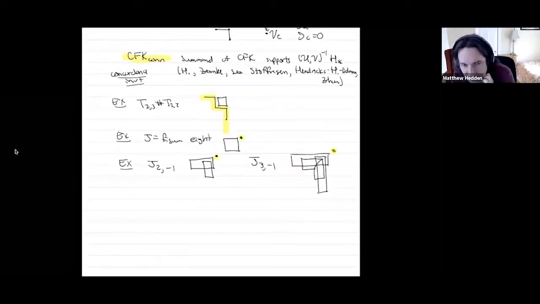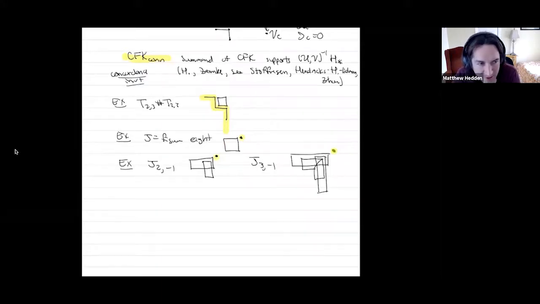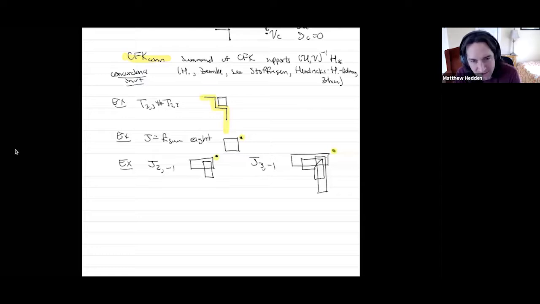Can I ask a question, Jen? Sorry. Yeah. So in several of those contexts that you mentioned as context for connected, there's an involution. But it sounds like what you're talking about is the stable equivalence class here. Is that actually the connected complex with respect to the identity involution?